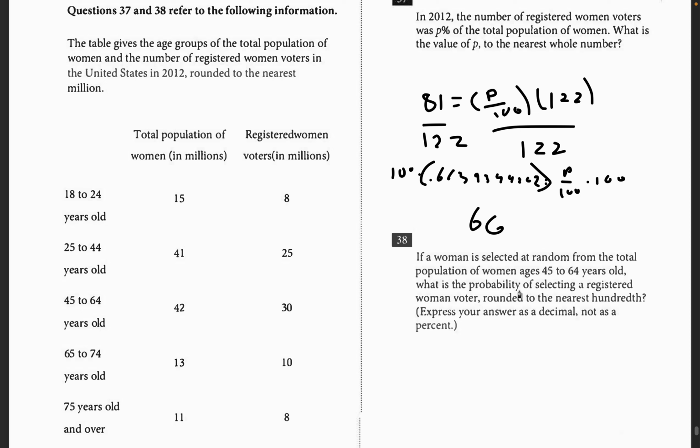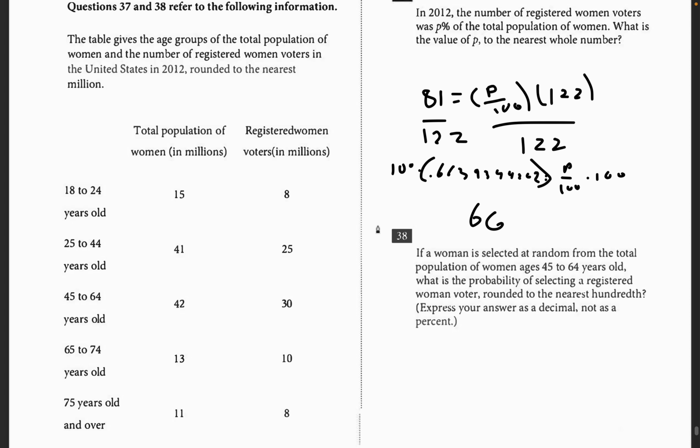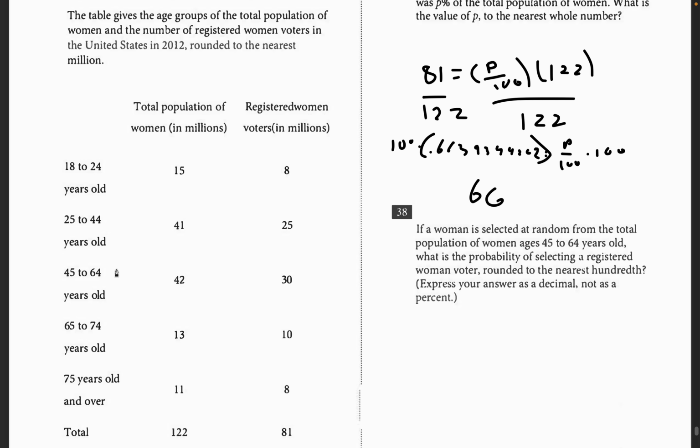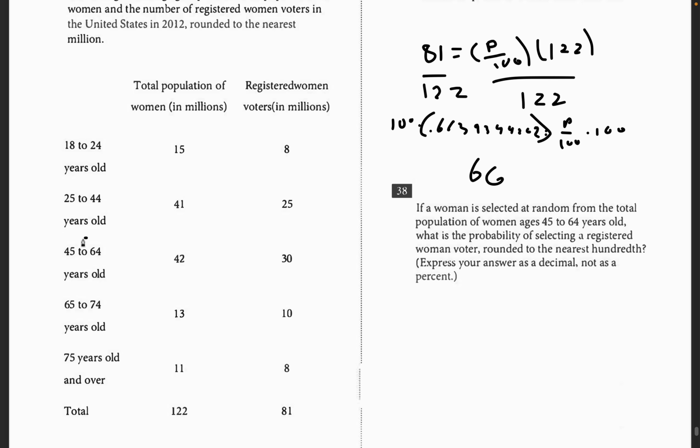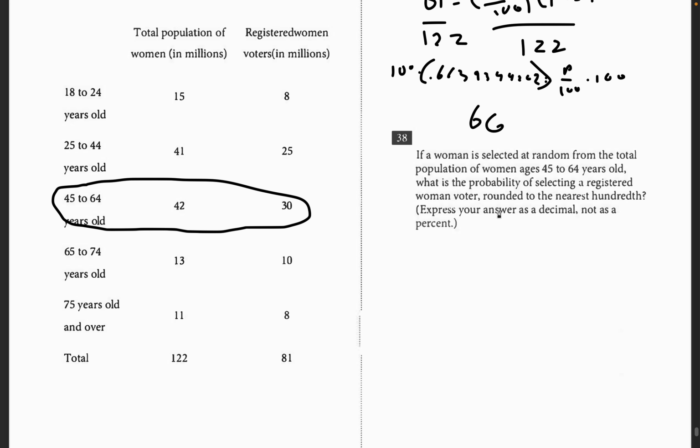If a woman is selected at random from the total population of women ages 45 to 64 years old, so we're in this group, right? What is the probability of selecting a registered woman voter?